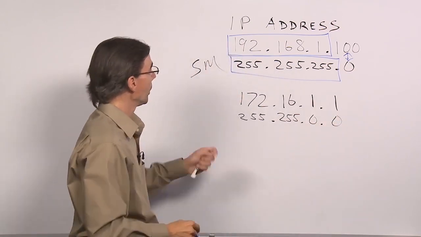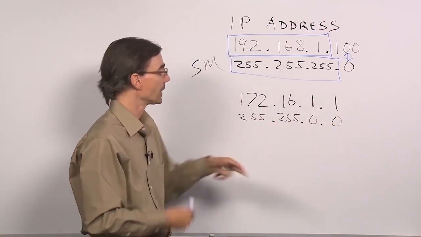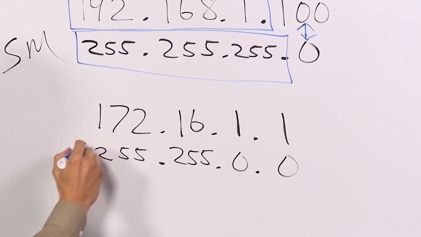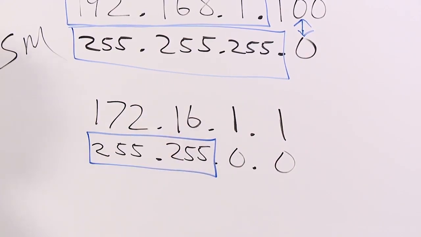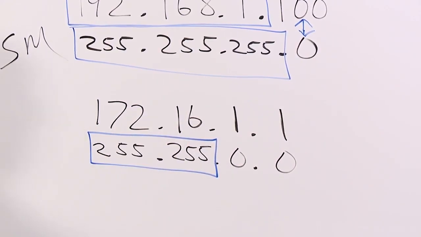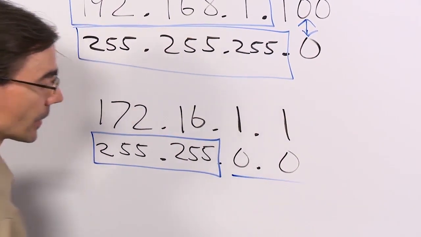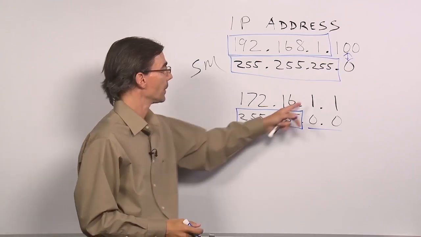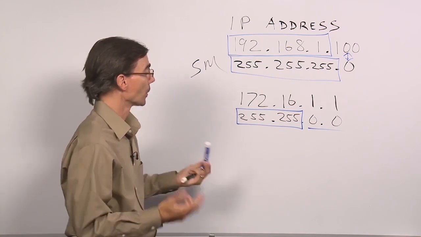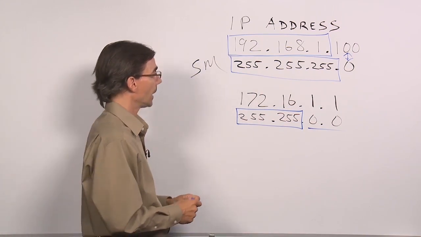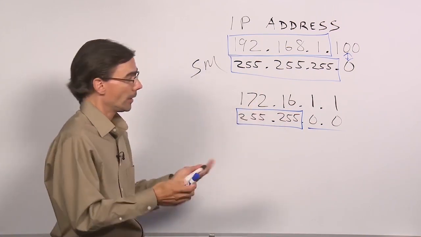So once again, the 255s indicate the network portion. So 172.16 is the network that you're on. And then 0.0 is the host portion. So .1.1 is going to be the host portion of the IP address. And so that's a Class B example.